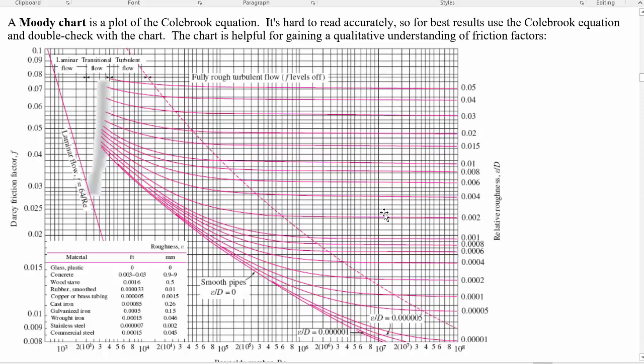So in turbulence, the roughness has a large effect on the frictional energy loss to heat, but in laminar flow, roughness doesn't matter at all.